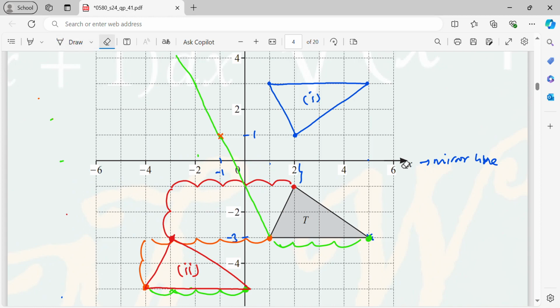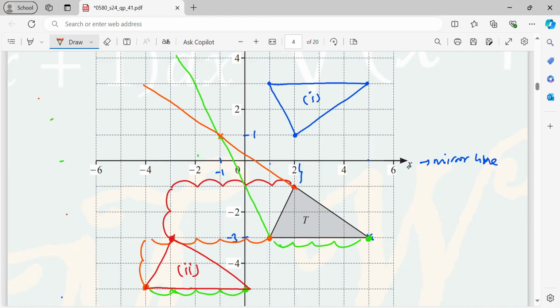Alright, so from here you can just check.